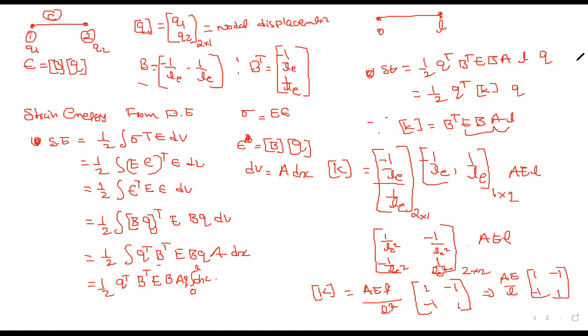Here let us assume that AE by L is called a small k. If you assume that, it is possible to write down the stiffness matrix.